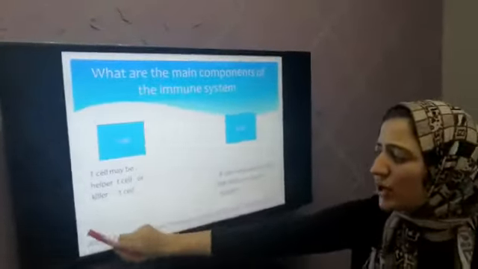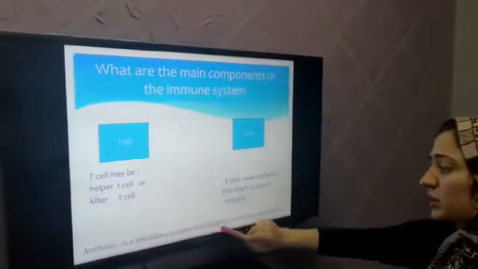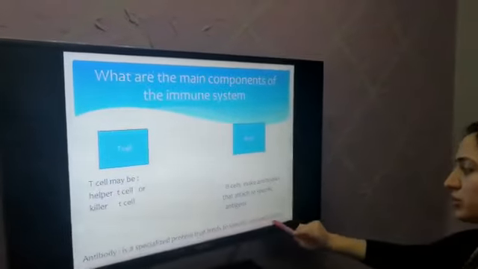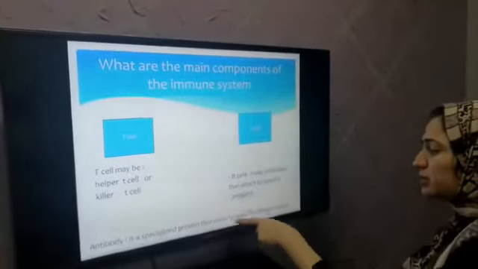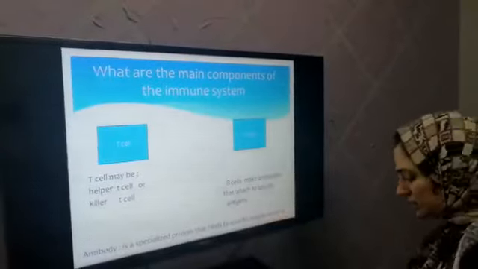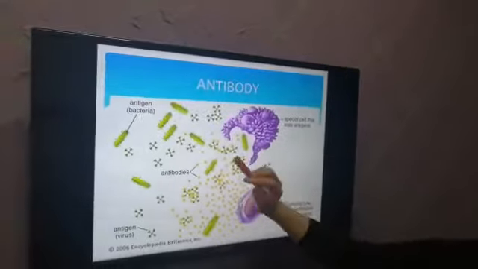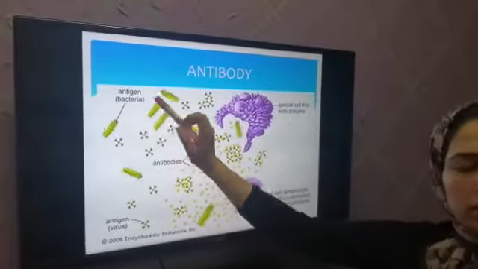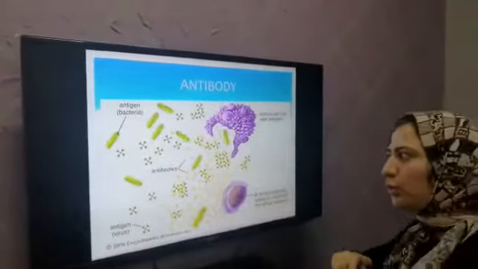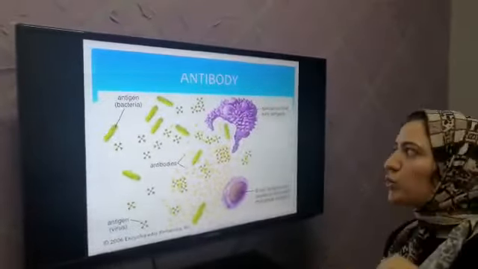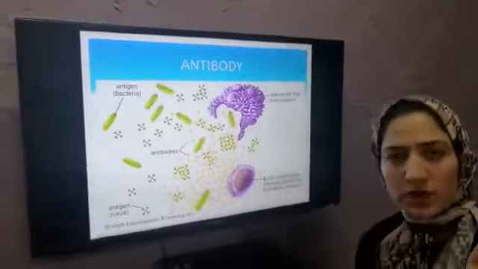So what's meant by antibody? It is a specialized protein that binds to specific antigen to kill it. Like this picture, if any foreign material, like bacteria, like virus, any antigen, enters our body, what is the response of immune system?